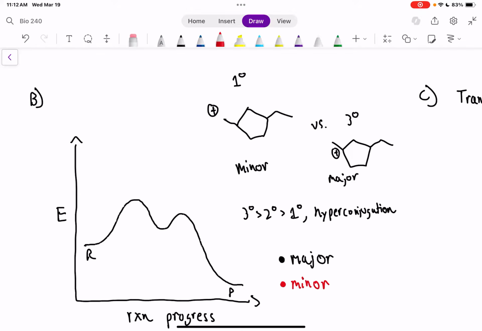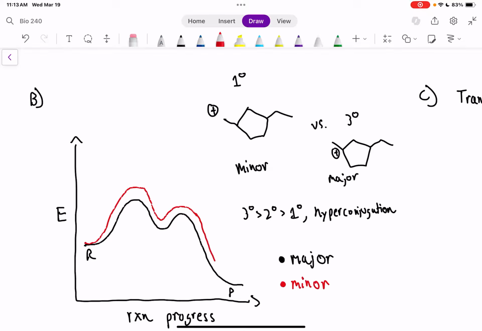So if I were to draw the minor product in red compared to the major product in black, I would start here with the same energy at the reactants. Sorry, that was kind of bad. And then I would draw a difference in their transition states here, a difference in their intermediates, and then also a difference in their second transition states.